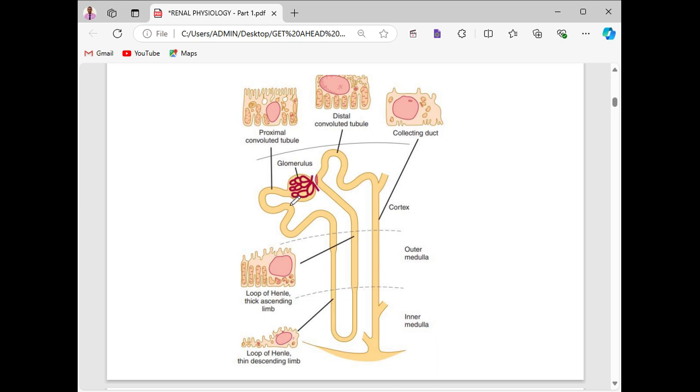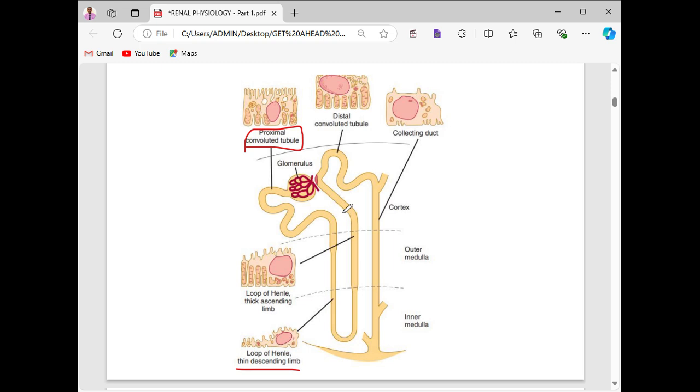Then we have the proximal convoluted tubule right here. Coming from there, we have the loop of Henle, specifically the descending limb and then the ascending limb of the loop of Henle.